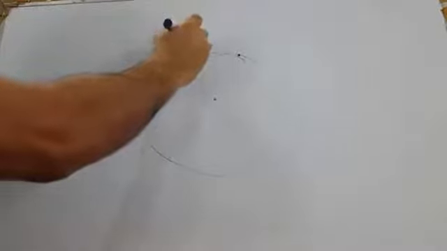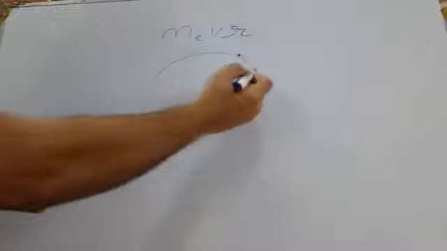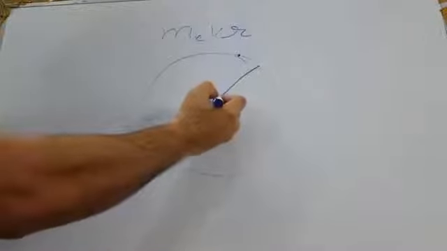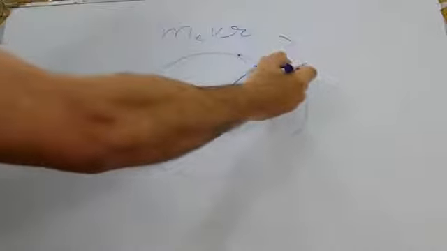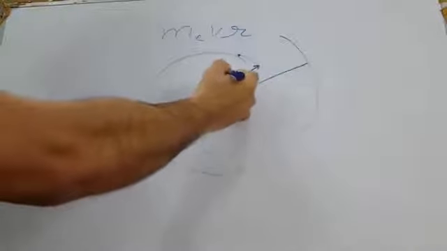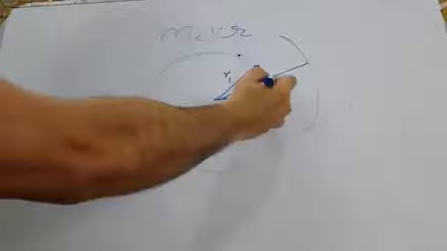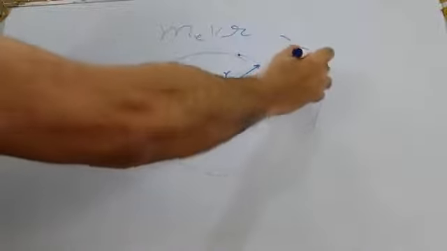Means its angular momentum, that is m v r, where r is whatever the radius is. Suppose this is r1, this is r2, and so on.